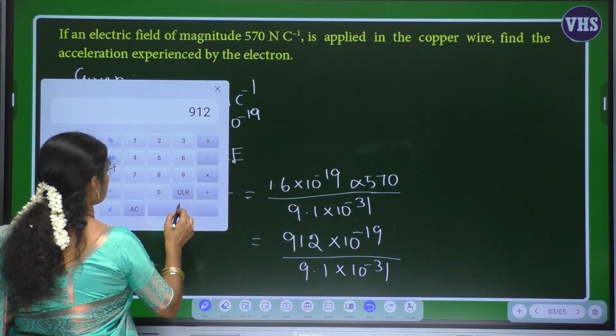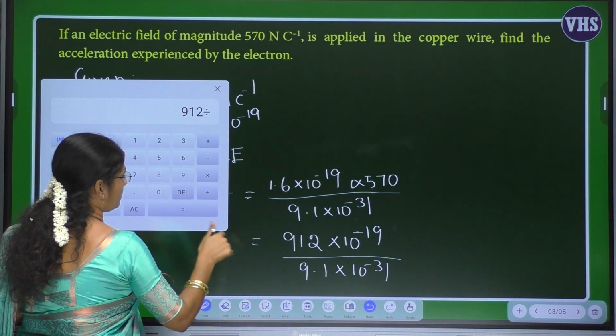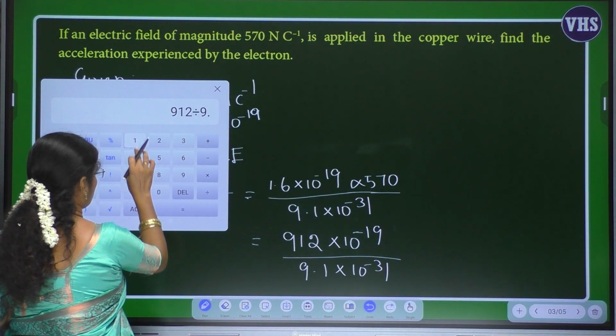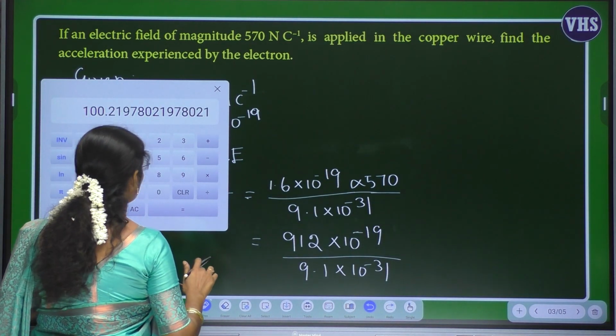Okay, so 912 divided by 9.1. Okay, so what is the value?